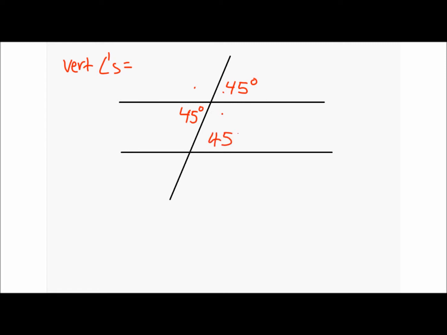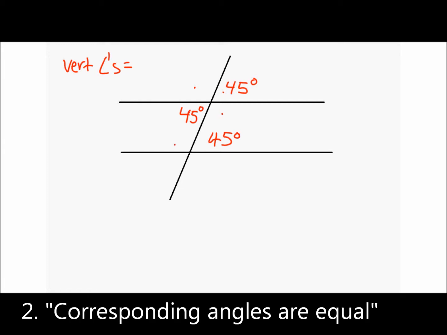We know that. These have to be equal. And the same, if I knew what this one was, I would know that this one down here had to be the same as that one because they're corresponding. So that's called the corresponding angles rule. So we know 2 of the 6 now.